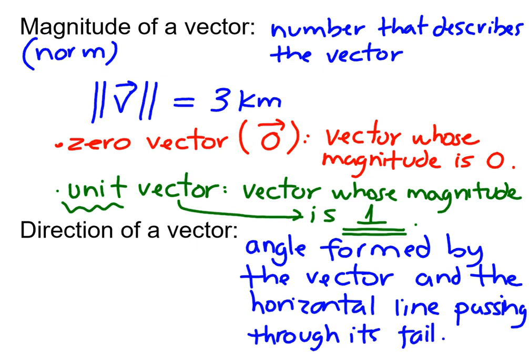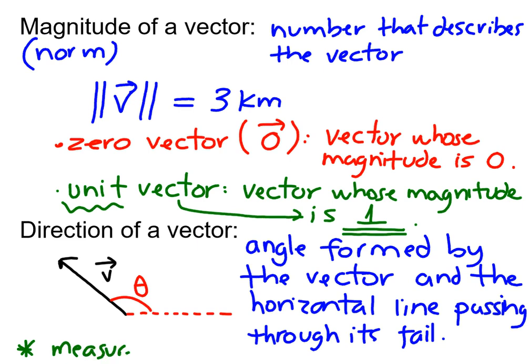So for example, if you have a certain vector v like this, we need to find the horizontal from the tail, and that's the angle here. You realize that, very important, we're always measuring counterclockwise. So we always go that way.